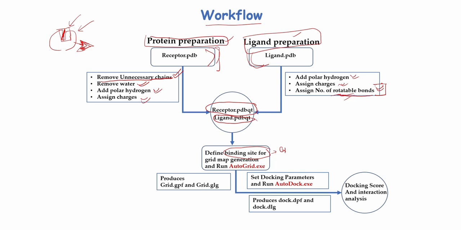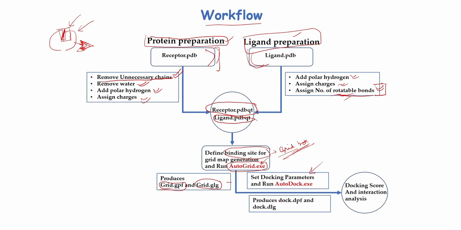Okay, so once you have the grid maps, you can then run the final docking. For that, you have to define the algorithm that you want to use for running the final docking, and before that you will be generating an input docking parameter file.